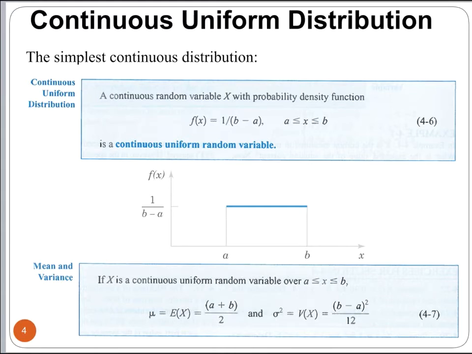So basically, probabilities between two values that have the same separation distance are going to be exactly the same. So the probability that, for example, x is greater than 3 and less than 5, so here we have a range of 2, is going to be equal to the probability that x is greater than 5 and less than 7, which will also have a range or a width equal to 2, right?